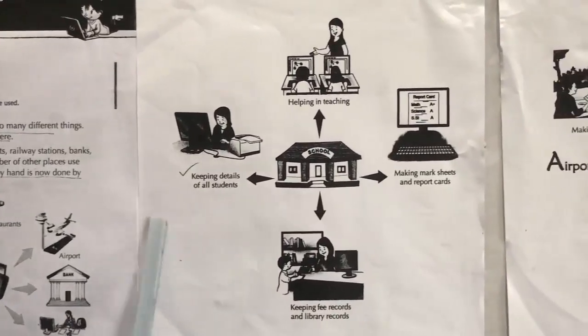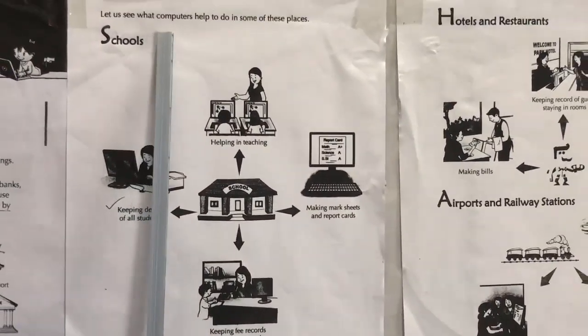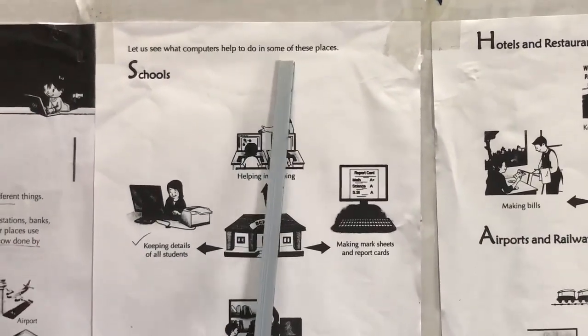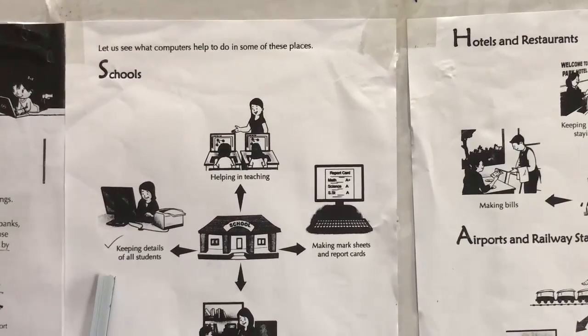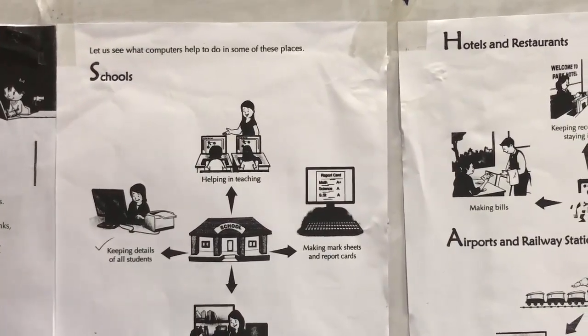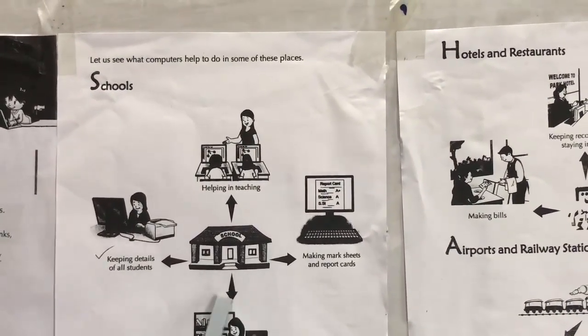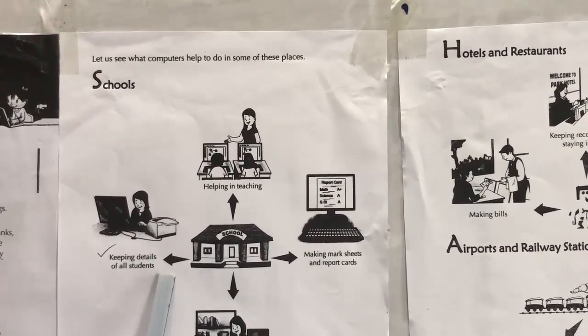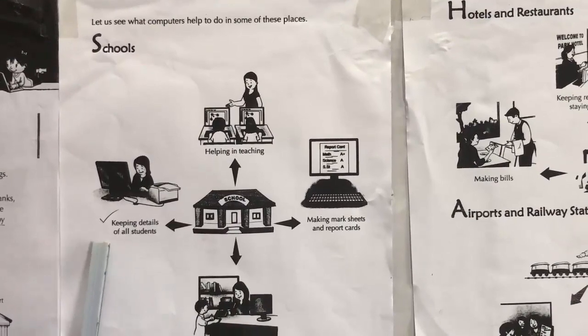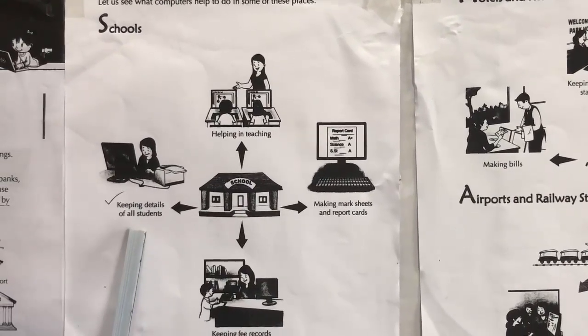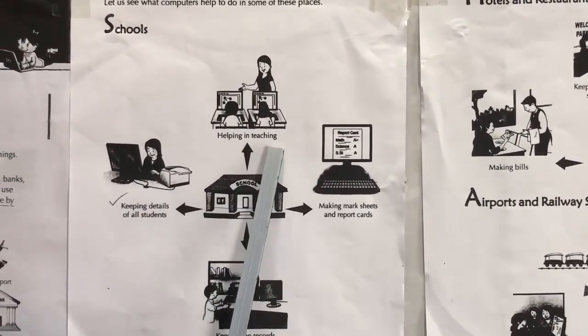We'll move to next page. Let us see what computers help to do in some of these places. Schools. So what we do with the help of the computer in the schools. Keeping details of all students. Helping in teaching.